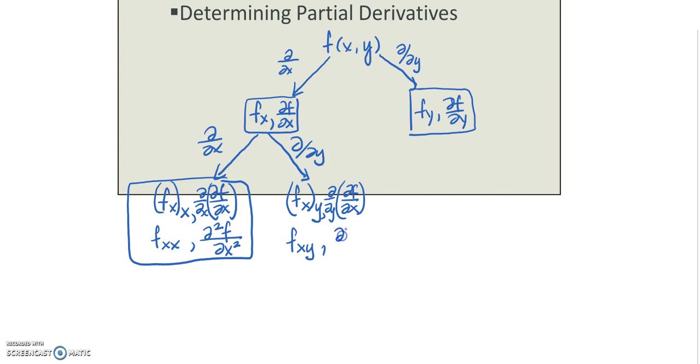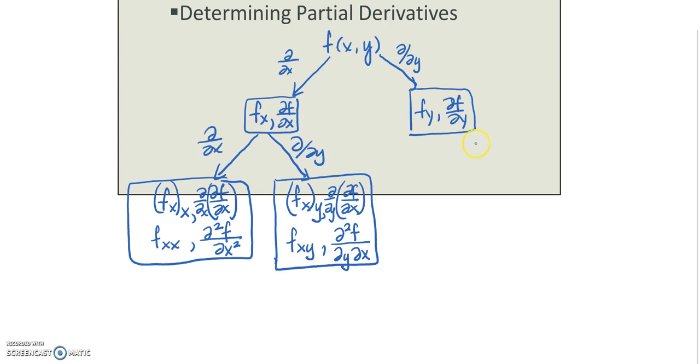I'd still have taken the partial derivative of f twice, but the first time was with respect to x, and that goes on the right-hand side. The second time it was with respect to y. You'll notice that those orders are different, and you do need to know both orders.